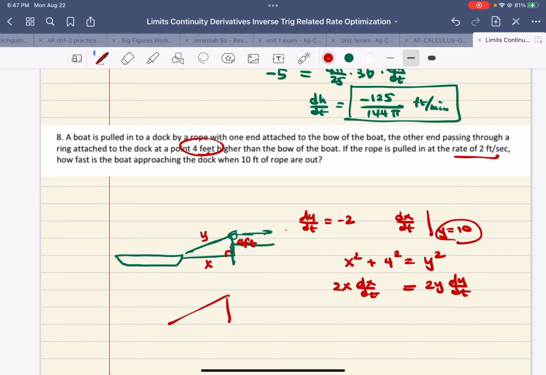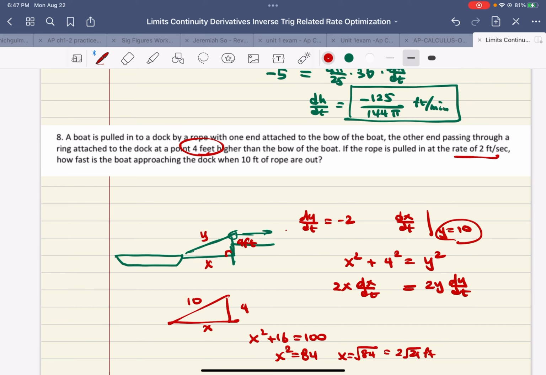So here is 4, this is 10, and this is x, then x squared plus 16 equals 100. So x squared equals 84. Then x is root 84, which you can reduce to 2 root 21 feet.